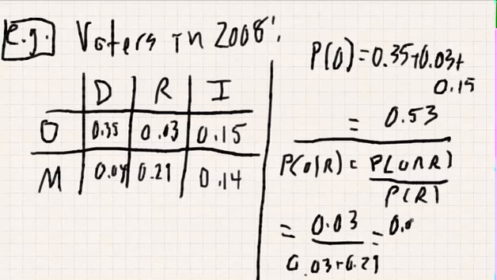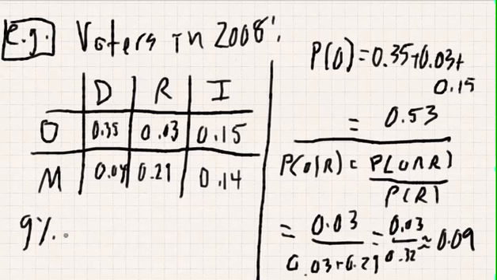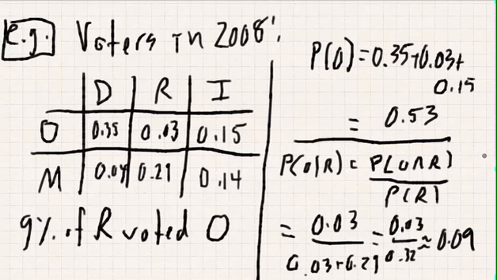Well, 0.03 divided by 0.32 is approximately equal to 0.09. So only 9% of Republicans voted for Obama. So I can figure that out from this data right here. Okay.